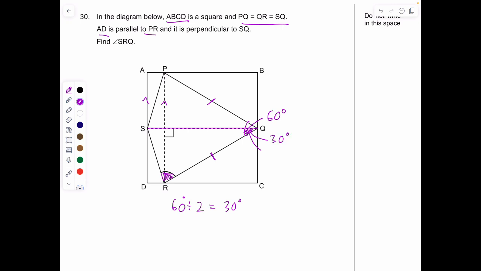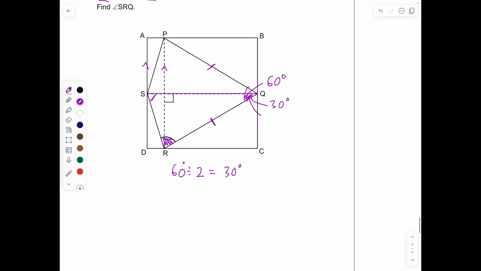Now that you found that this is 30 degrees, we then need to find out what this particular angle over here is. So to do that, there are a few ways.